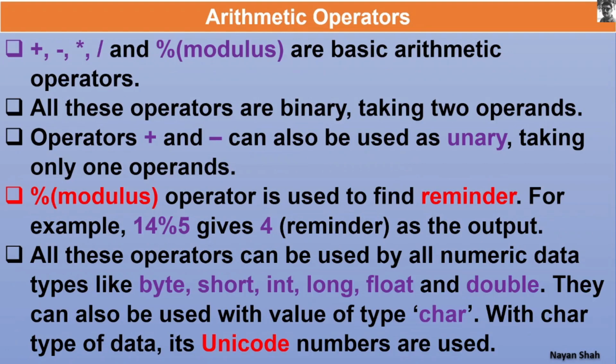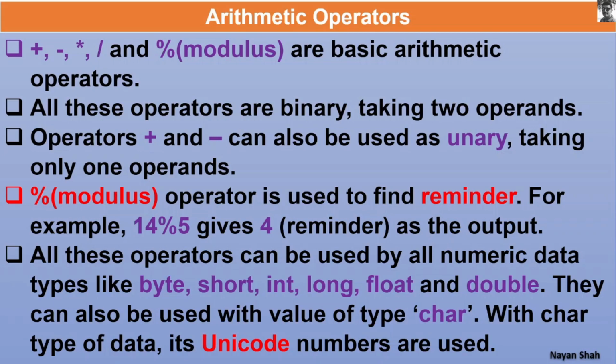Arithmetic operators. Plus, minus, multiplication, division and percentage, that is modulus, are basic arithmetic operators. All these operators are binary operators taking 2 operands. Binary operator means if you want to use multiplication sign, you need to give minimum 2 numbers, 8 multiplied by 5. But if you just simply write 8 multiplied by, and nothing else, it is incomplete, invalid.